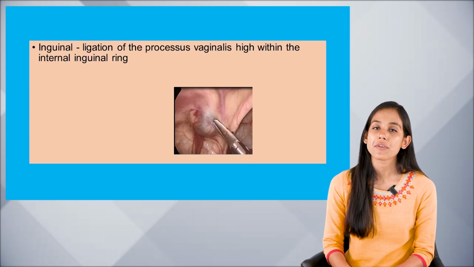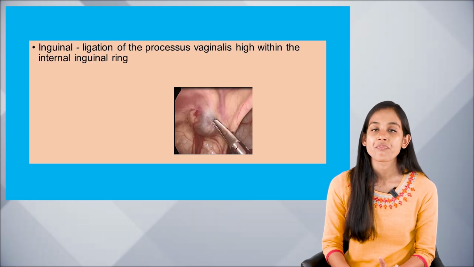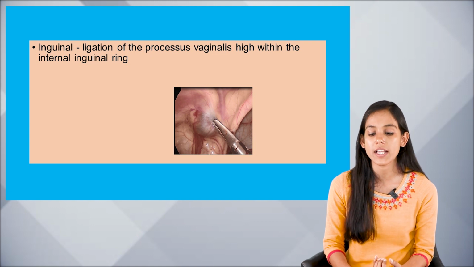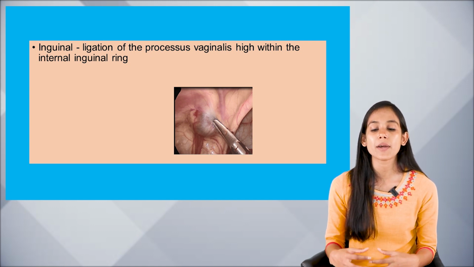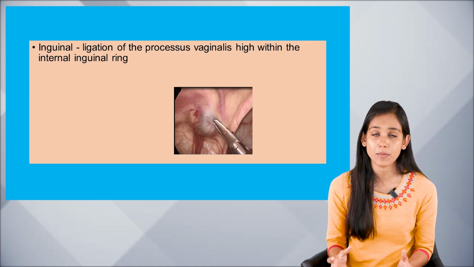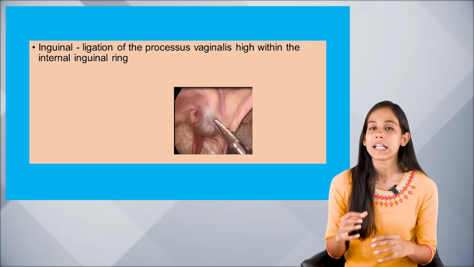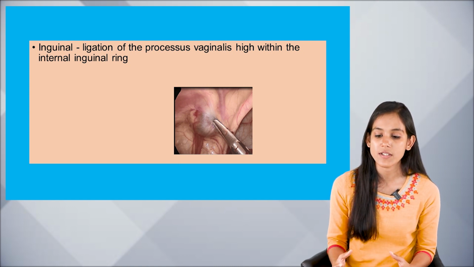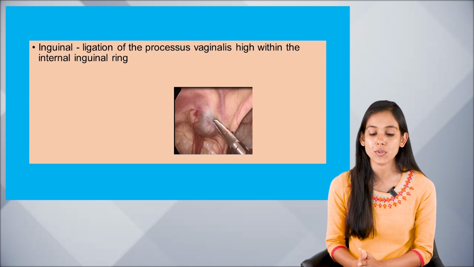Well, there are three major surgical techniques which are followed for surgical correction of hydrocele. The first one is the inguinal approach. Here there would be ligation of the processus vaginalis at the internal inguinal ring.